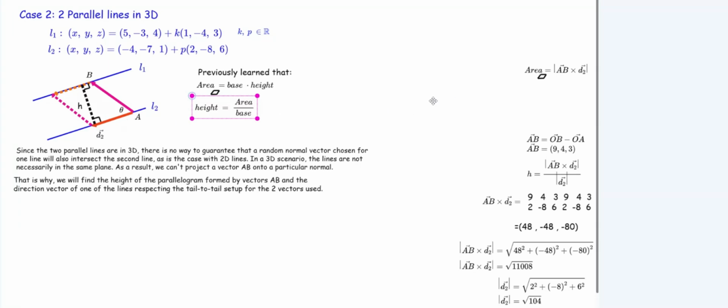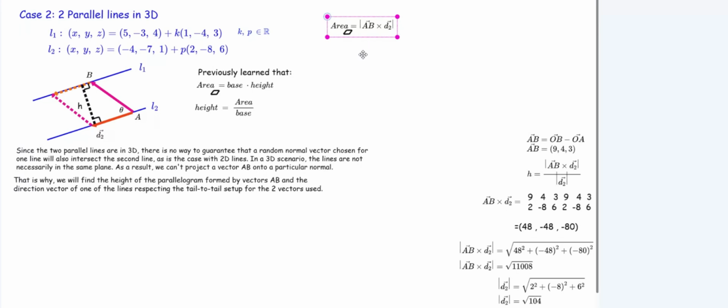To find the area of a parallelogram, we are able to use a previous formula that we learned and proved, which is that the area of a parallelogram is the magnitude of the cross product of two vectors. So the area of any parallelogram is the magnitude of the cross product of any two vectors you're using.